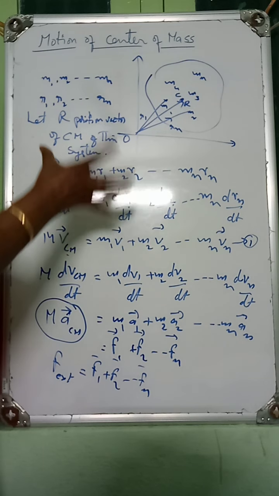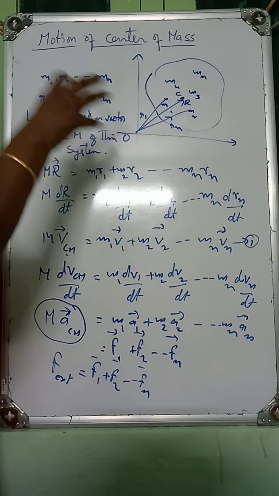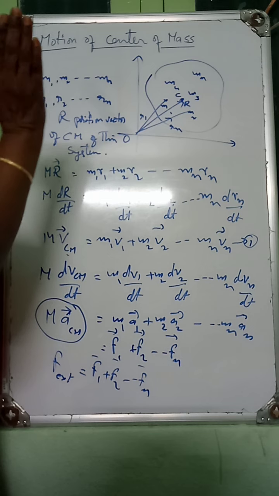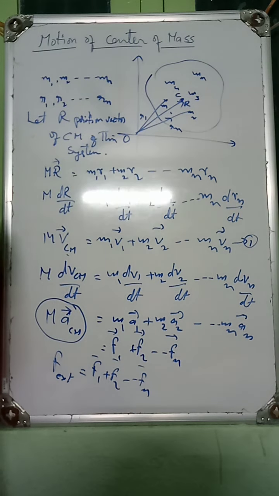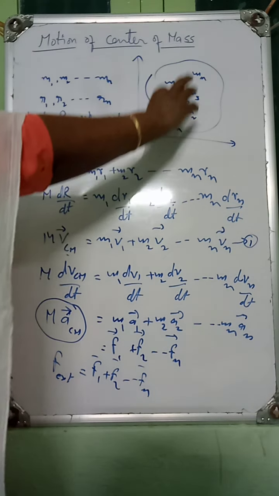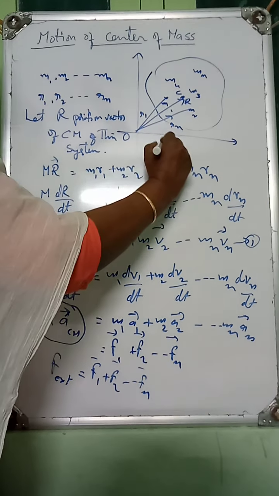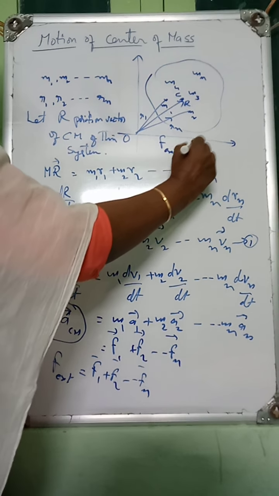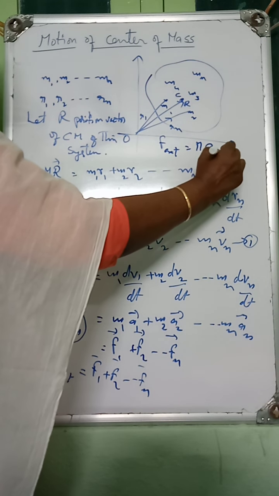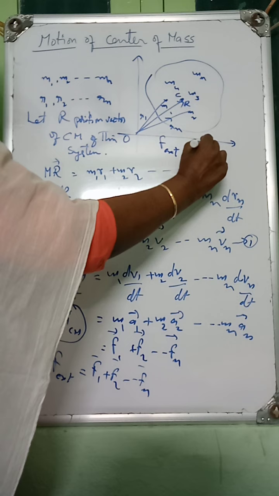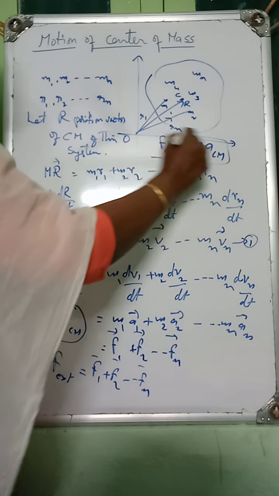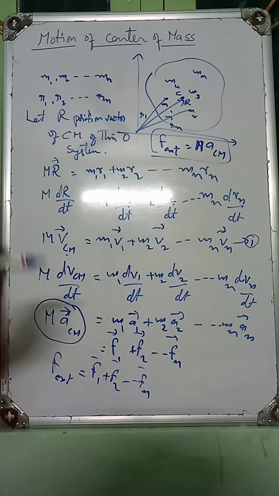You can imagine that the total external force is directly applied on the center of mass, and capital M is the mass of the center of mass. So F external is equal to M into ACM, the acceleration of the center of mass times the total mass of the system. There is no effect of internal forces on the motion of the center of mass.